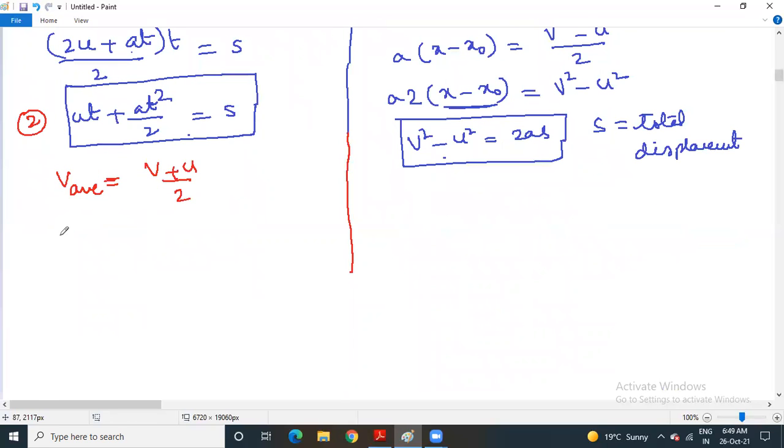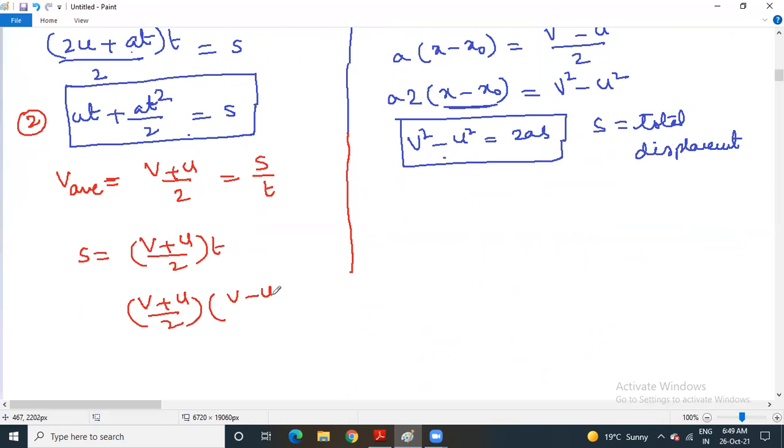Once again, v average is also equal to total displacement by total time. So you can write total displacement as (v plus u) by 2 into t first. Now in (v plus u) by 2 into t, you can replace t as (v minus u) by a.